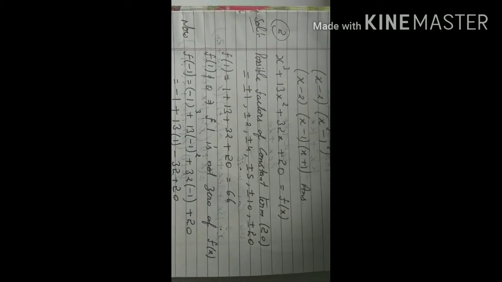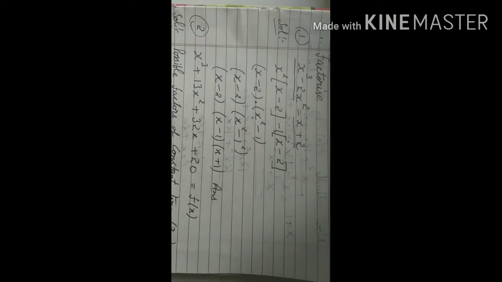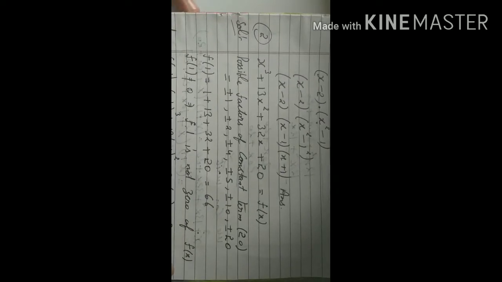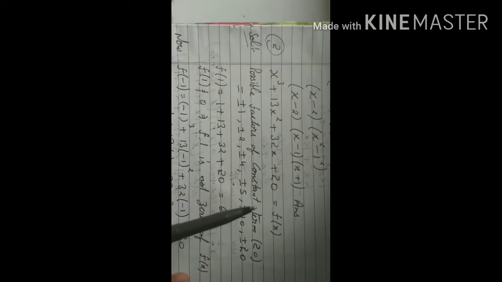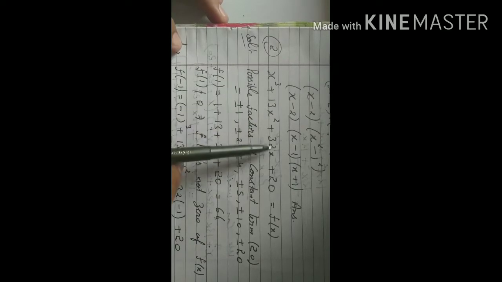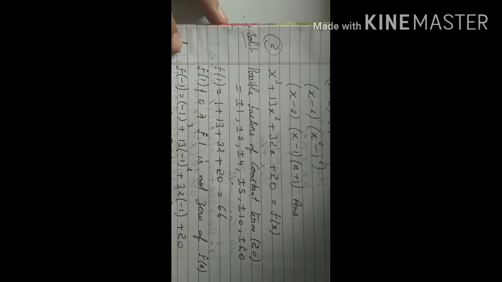But in this polynomial, unlike the first example, if we take any common term, we can easily check that after taking it we do not get the same term in the brackets, because we have different terms 13, 32 and 20. Clear?